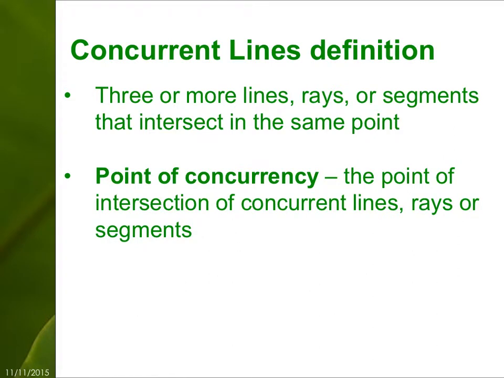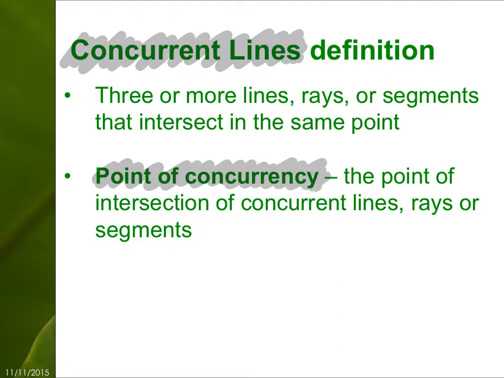Okay, concurrent lines, another term. Concurrent lines are three or more lines, rays, or segments that intersect at the same point. And the point of concurrency is the point of intersection of the concurrent lines, rays, or segments.